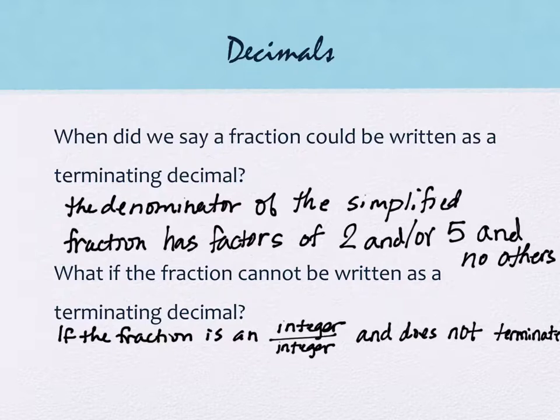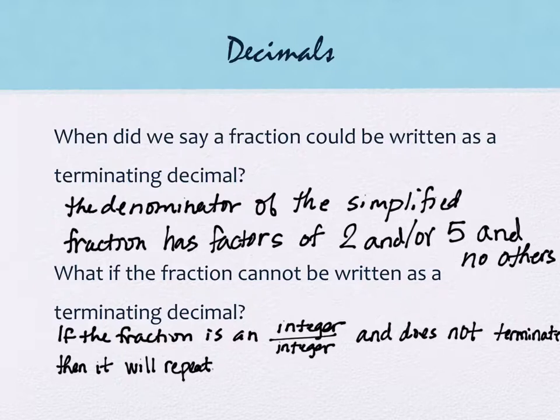Then it will repeat. So what we're going to be working on in some of this section is taking our fractions and turning them into repeating decimals, and taking repeating decimals and turning them back into fractions.